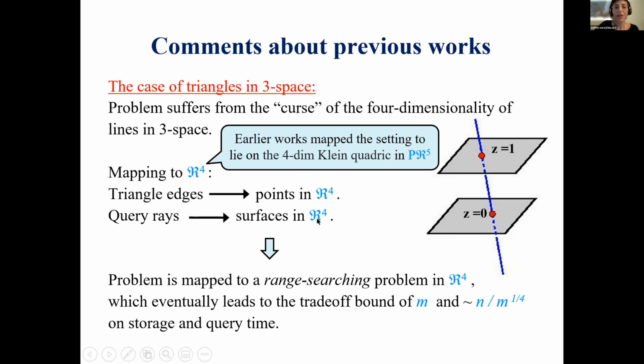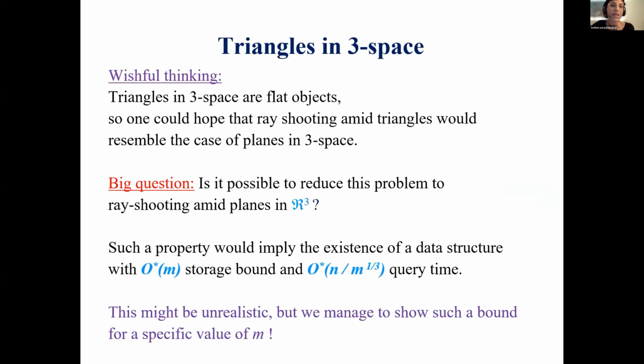Therefore, we can map this problem to a range searching problem in 4-dimensional space. This eventually leads to the trade-off bound M and N over M to the 1/4 on the storage and the query time. Okay, so this is the state of the art. But a wishful thinking is not to go up to 4 dimensions, but stay in 3 dimensions.